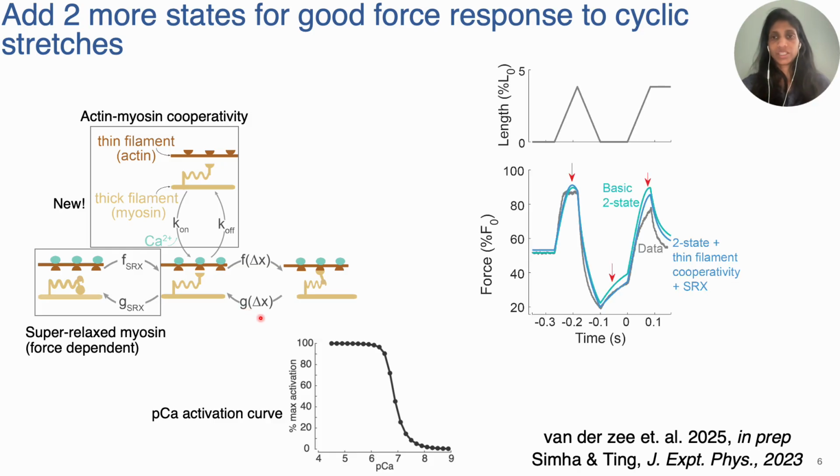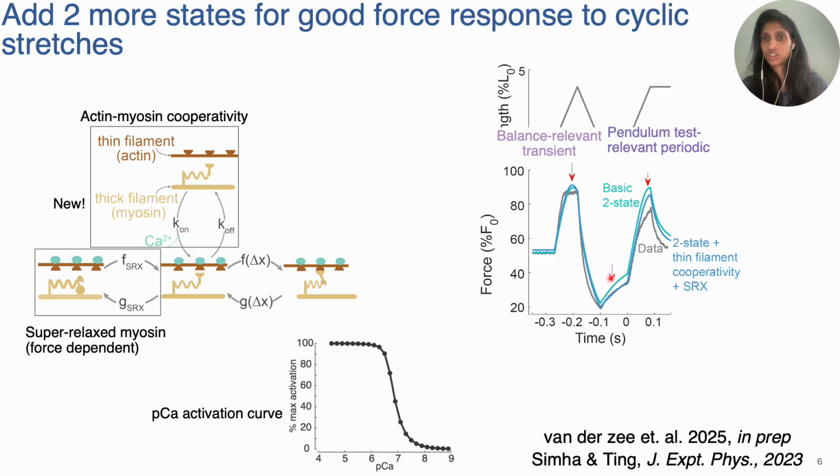Now, we included these two states because our primary interest is balance and pendulum test relevant behavior, and in these behaviors, we really care about the transient force and the periodic force. And these states let us tune this recovery of force for the periodic stretch and also the transient force response.